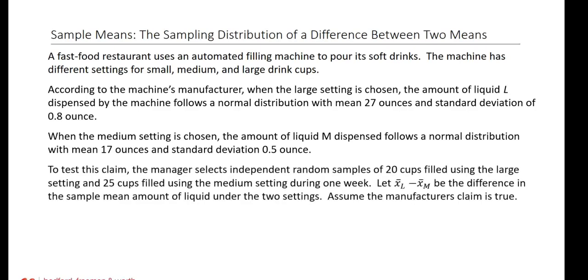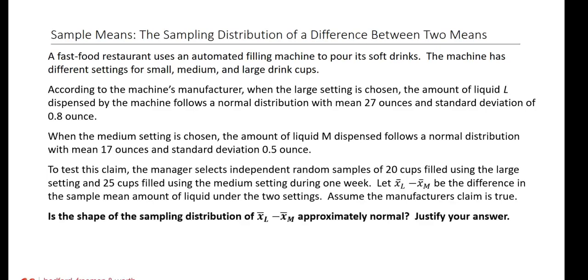To test this claim, the manager selects independent random samples of 20 cups filled using the large setting and 25 cups filled using the medium setting. So the sample mean of the large one minus the sample mean of the medium one is the difference in the sample mean amounts under the two settings. Assume the manufacturer's claim is true.